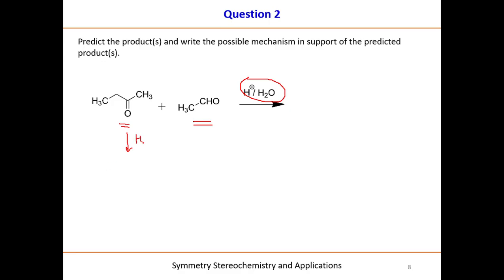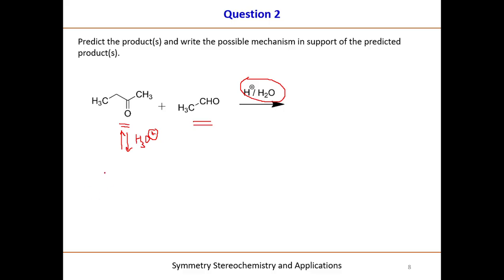H plus with H2O is nothing but H3O, or we can say acidic medium, acidic condition. Okay. Because aldol reactions are highly reversible, that's why we are writing a reversible arrow here, because it's a reversible reaction.